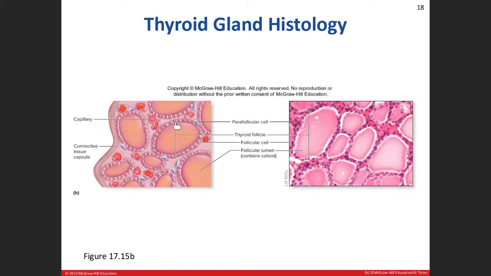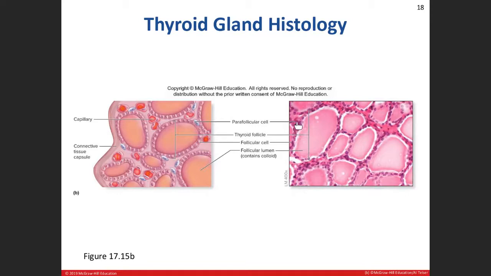Outside of the follicle, you will have cells sitting there, and those are our parafollicular cells right here on the outside, these little blue guys. They're going to be responsible for the calcitonin. Now, if I zoom in here on that one, you can see the parafollicular cells.